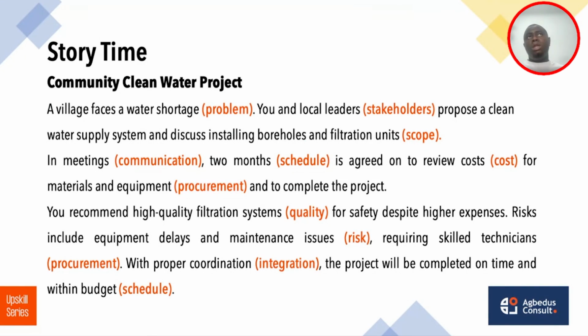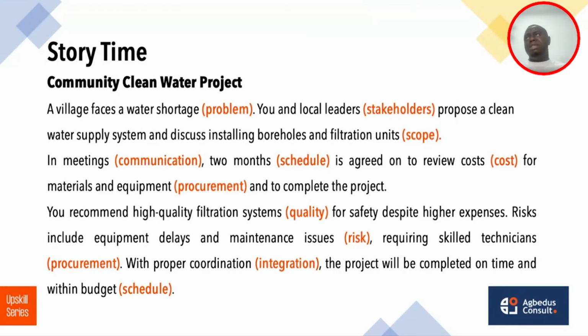So I have highlighted certain things in this story. This is to show you that a project also has certain components, very common when you are embarking on a project. The first thing you can see over here is a problem. A project stems out of either a problem or a business need.